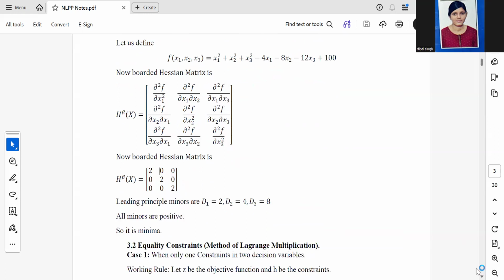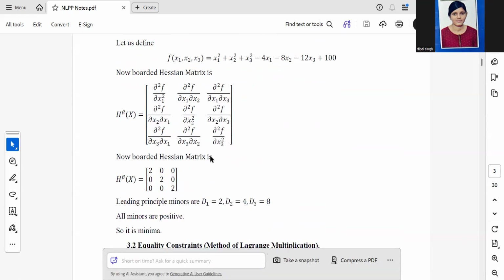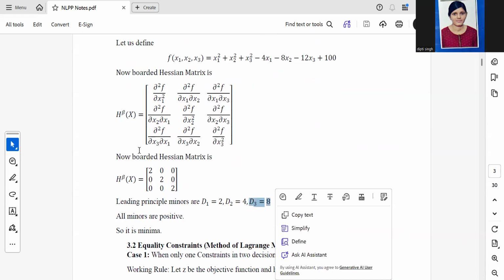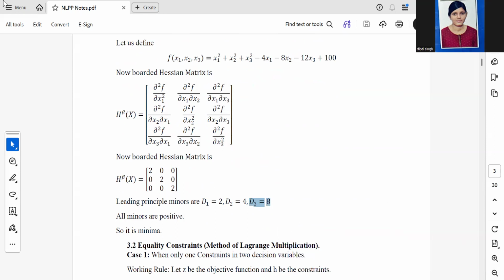Now we calculate the leading principal minors. When you solve it, the third principal minor is the determinant of 2 0 0, 0 2 0, 0 0 2.